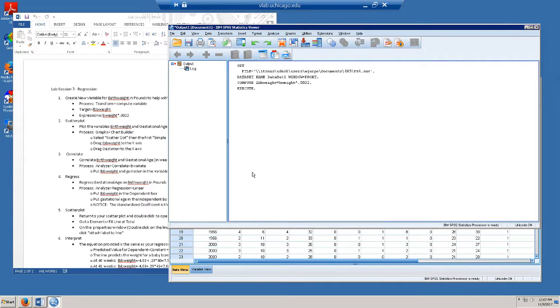Okay. And the first thing that we're going to do is just some basic bivariate regression, and we're going to look at how we get started with a variable of interest and your outcome variable. So the first thing that is always a good idea to do is to look at a scatter plot of your two main variables of interest.